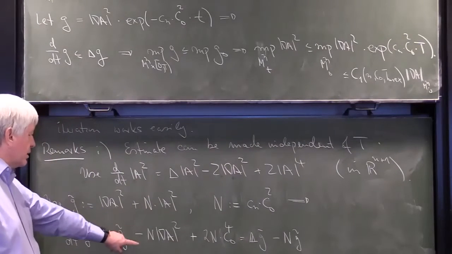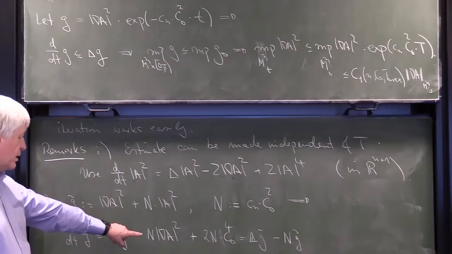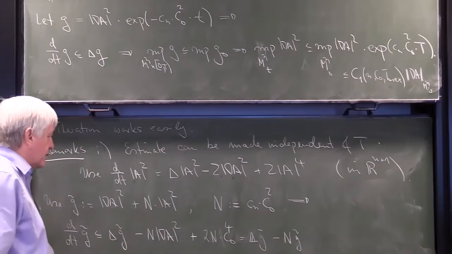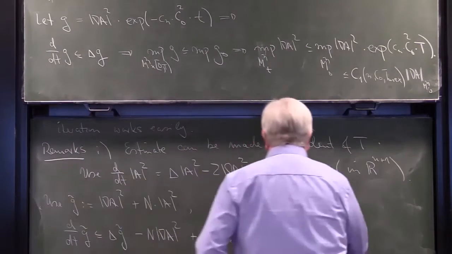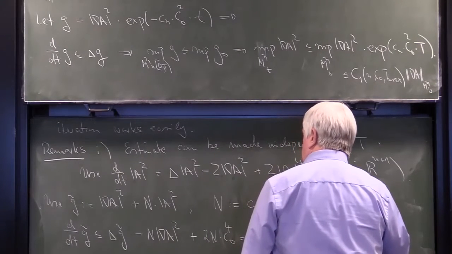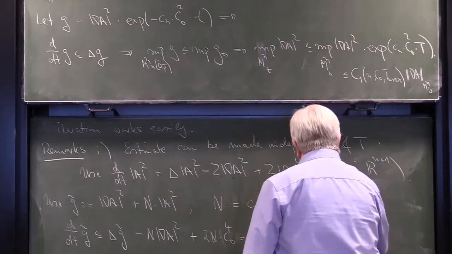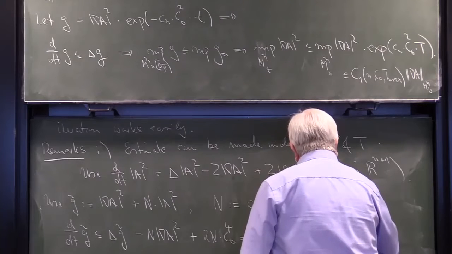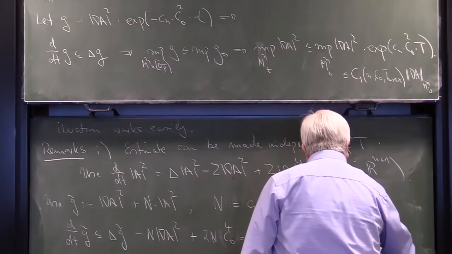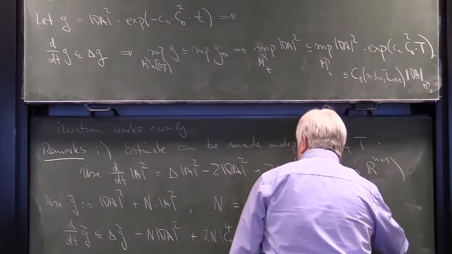And then you made an error, which is like n squared times A squared plus 2n C0 to the 4.